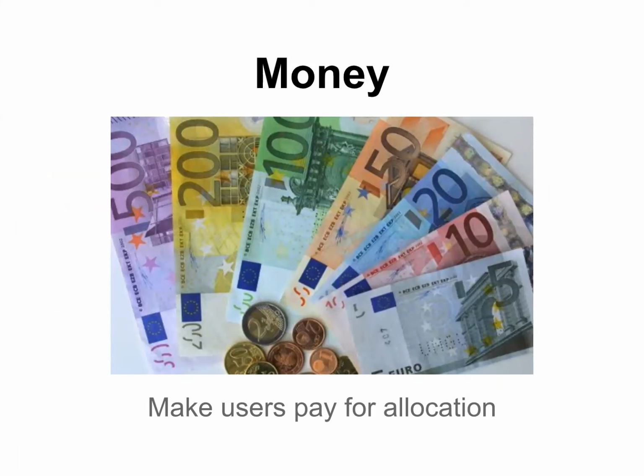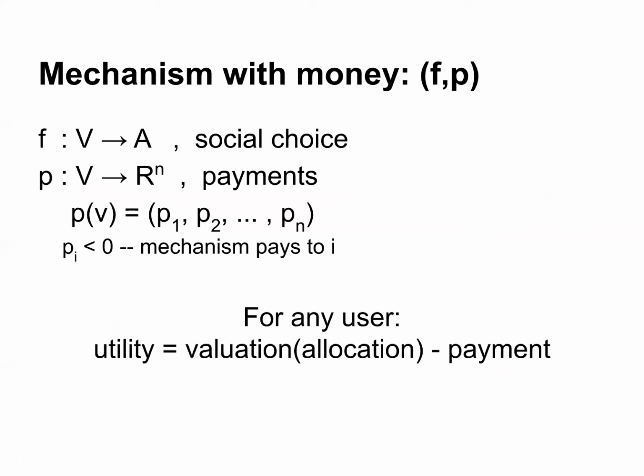It's not enough to just announce, you know, I like the first slot very much, and I like the first slot very, very much. And the more you say, the more impatient you are, the more chances you get to have the first slot. You will have to pay for the allocation. Then at least there is some hope of making users truthful.